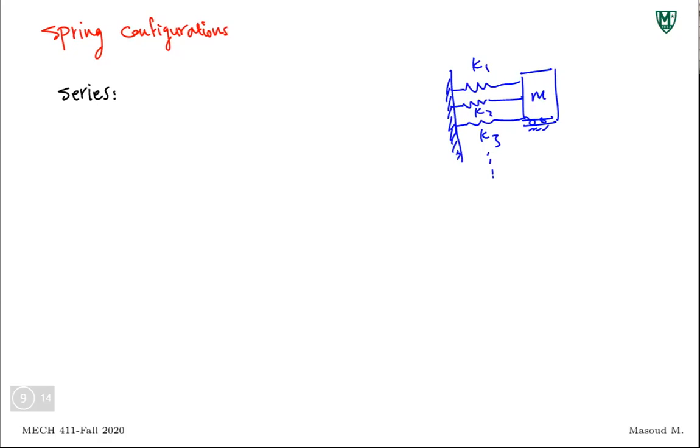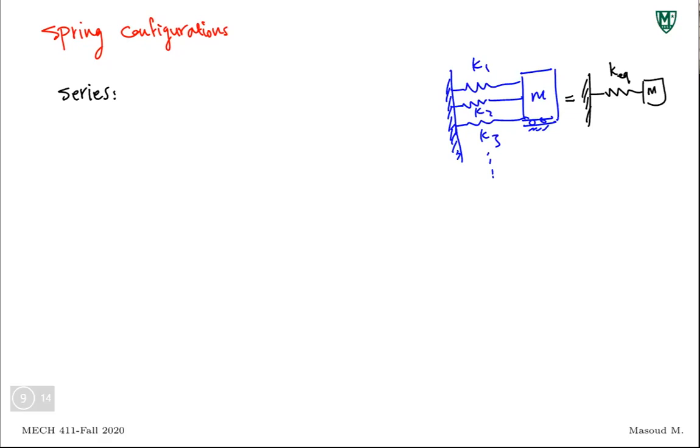So what happens is that we say, well, this system, a mass with a series of springs connecting to a support, we can replace with just this simple spring and mass system, and I call this a spring equivalent, K equivalent, meaning that there's an equivalent stiffness. So what is the value of this K equivalent? That's all we need, because the mass is the same.